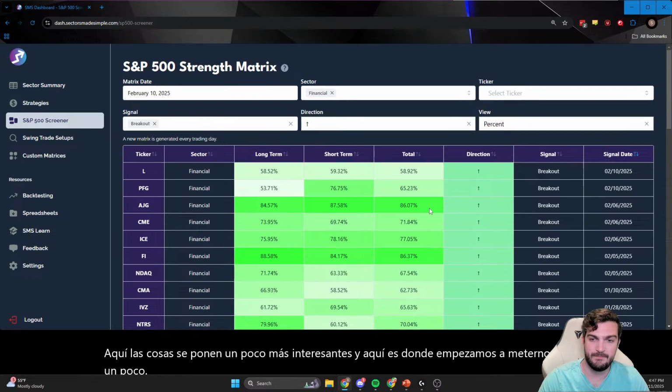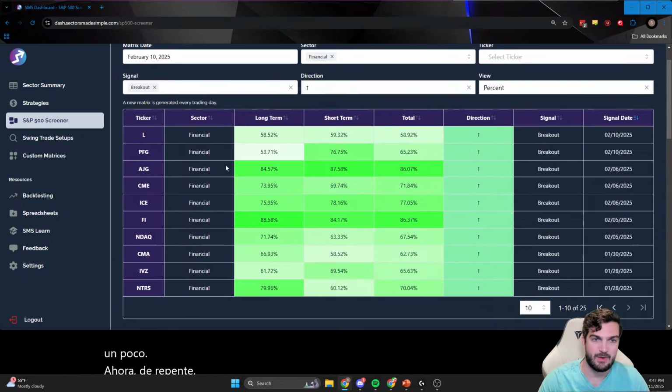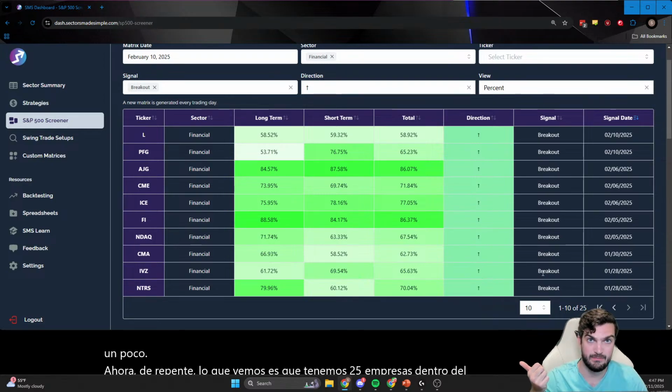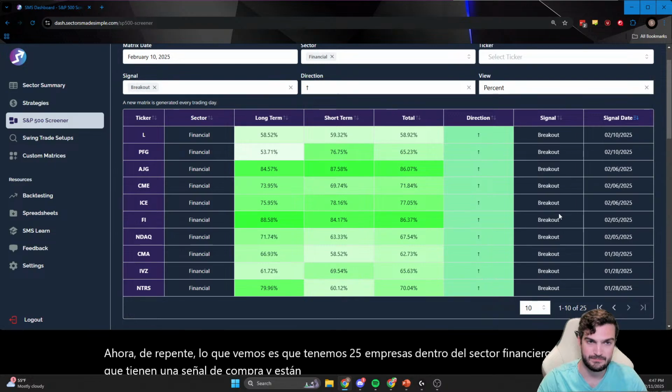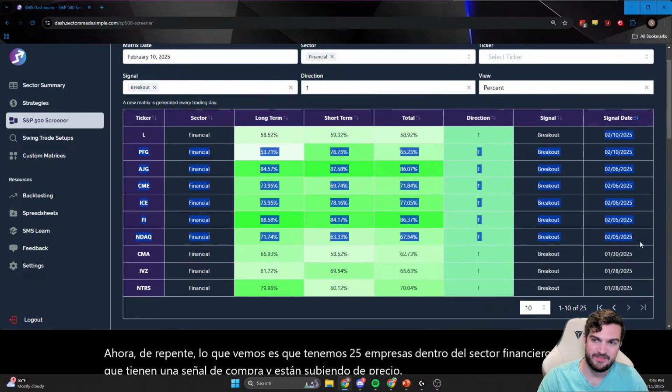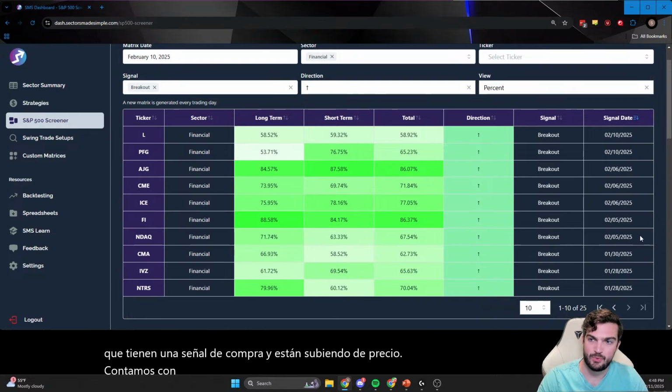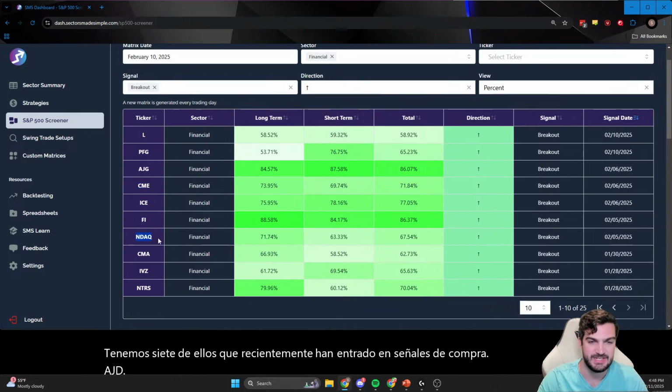Now, all of a sudden, what we see is that we have 25 companies within the financial sector that have a buy signal and are going up in price. We have 7 of them that have recently gone on buy signals: L, PFG, AJD, CME, ICE, FI, and NDAQ.